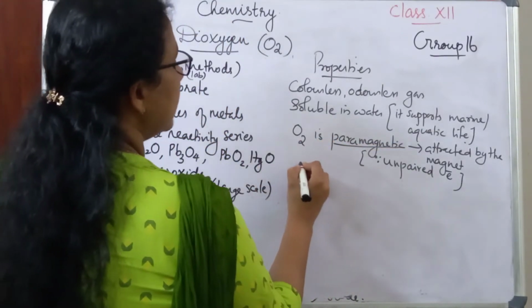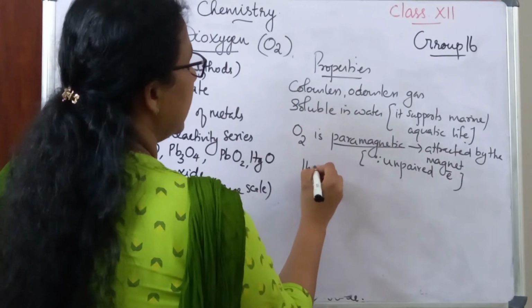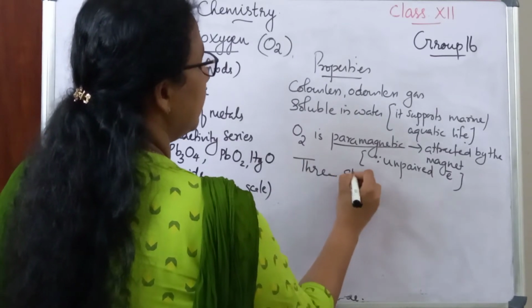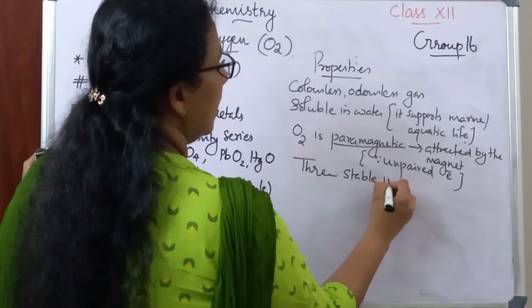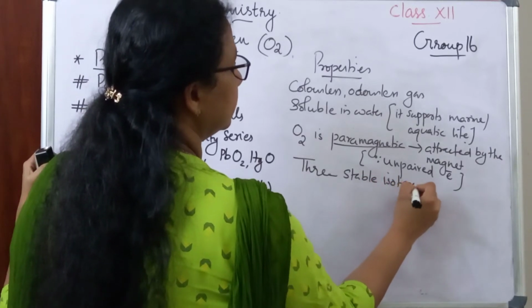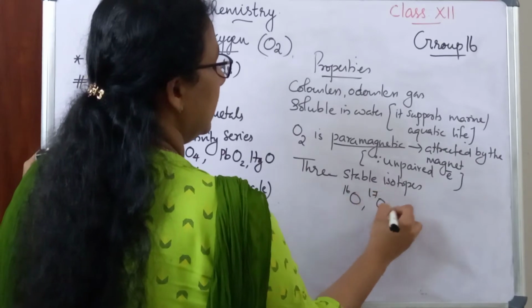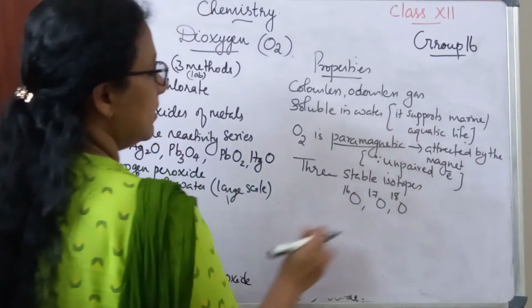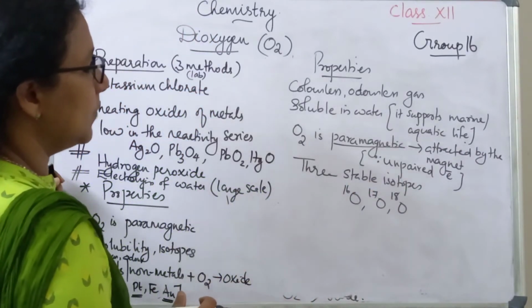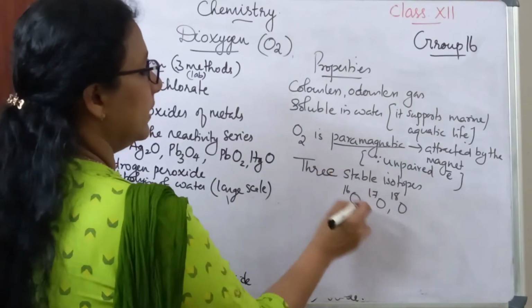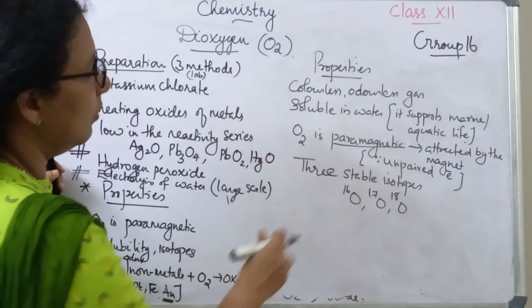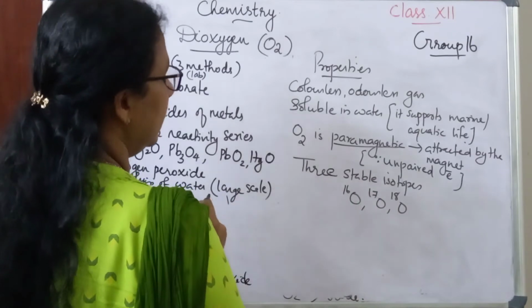Then oxygen has three stable isotopes. They are O16, O17 and O18.